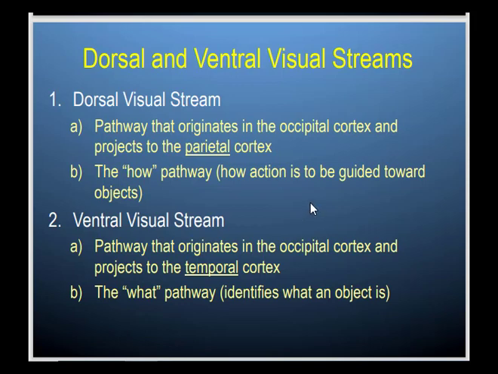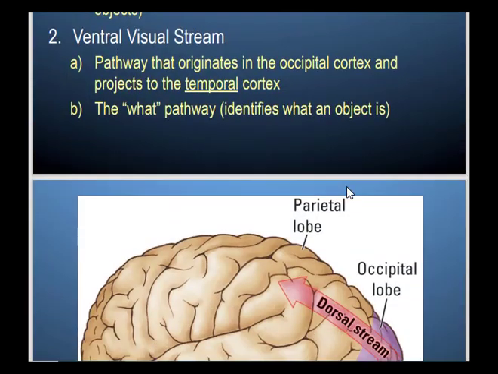So this is what we mean by secondary processing and association processing: you're putting stuff together with other kinds of information, including memory and other sensory information, to make sense of what you're experiencing in the world. So the dorsal stream is processing one kind of information, going towards the parietal cortex, and the ventral stream, heading towards the temporal cortex, is giving you other information.